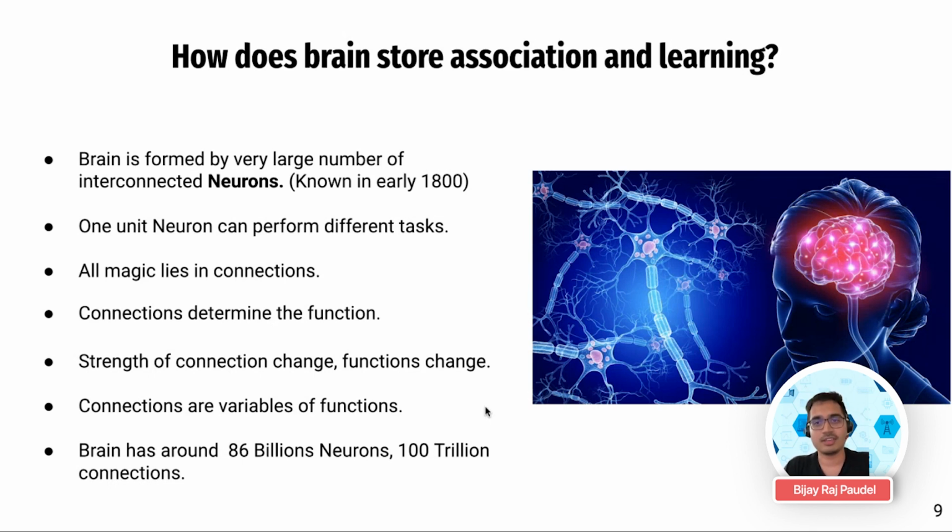But in the brain, everything is just neurons. All those neurons, strangely, were a single type of unit, but different functions were defined by the connections between them. This model was proposed, I think, around 1870 or so, by someone known as John Minsky.